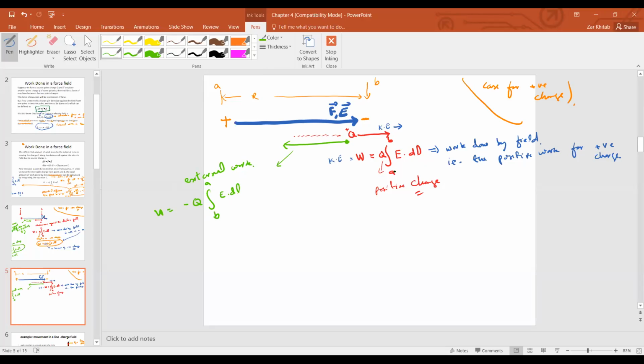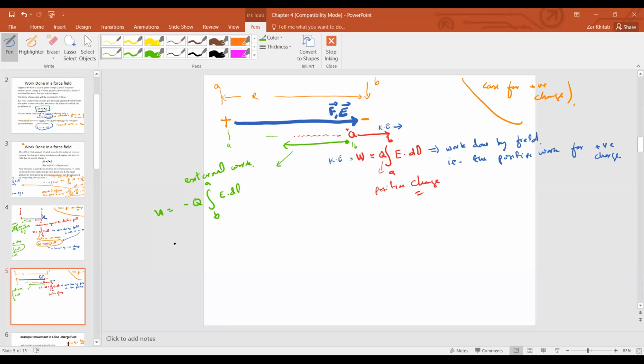Look here. This was point A to point B, A to B. It was coming from this. Now this is point B, this is point A. Now it's from B to A. Is this clear? Just a flip of the integral direction.